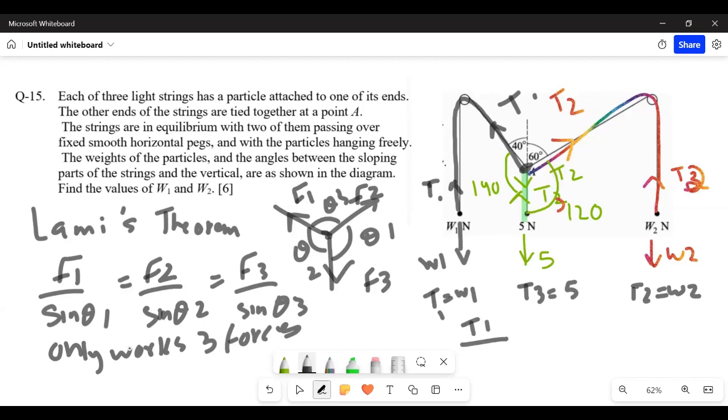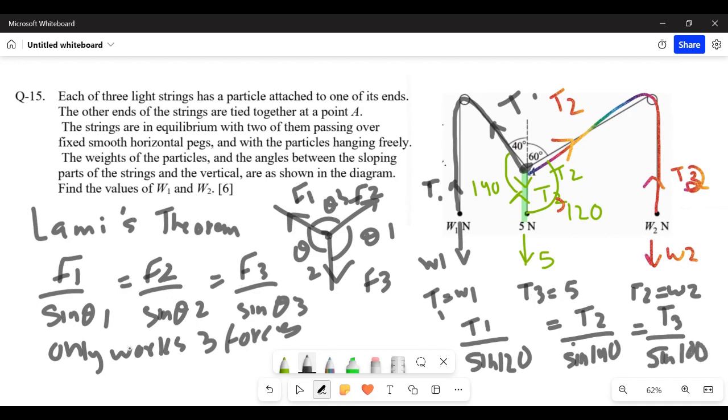So T1 over sine 120 is equal to T2, उसके opposite है 140, and is equal to T3 over 5 sine, in fact उसके opposite है 100, sine 100.